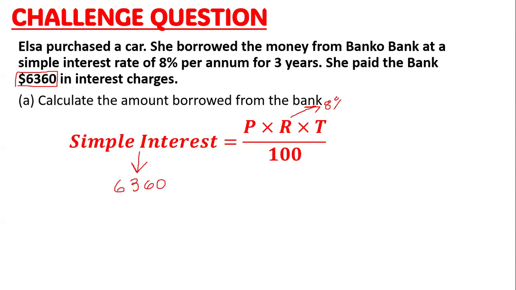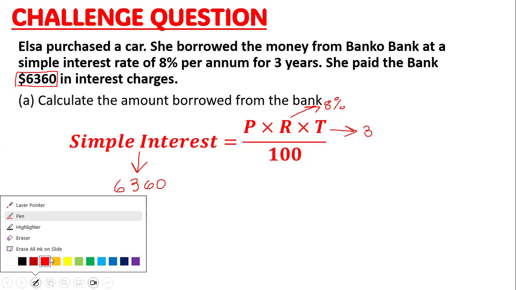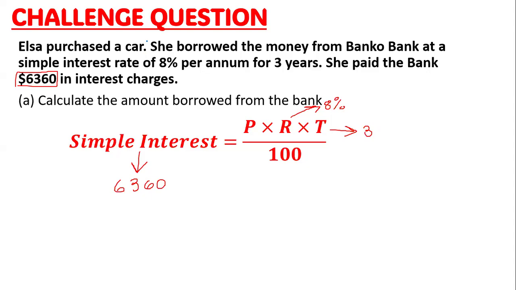They gave us the rate, which is 8%. And they gave us the time in years, which is 3 years. So the only thing that they didn't give us was the principal. That is what we're trying to find.